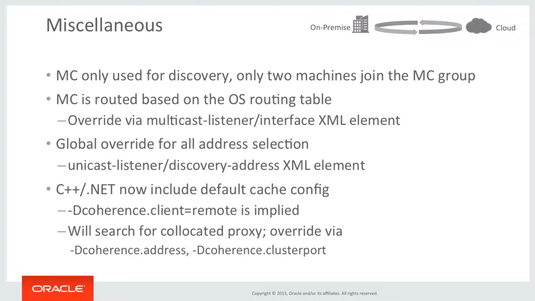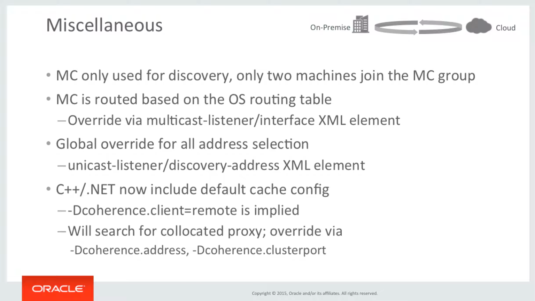Another related change is the C++ and .NET clients now include a default cache config. They didn't previously. So if you're using the Java default cache config, the default that's included with C++ and .NET is compatible with it.